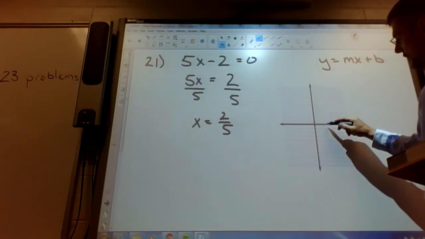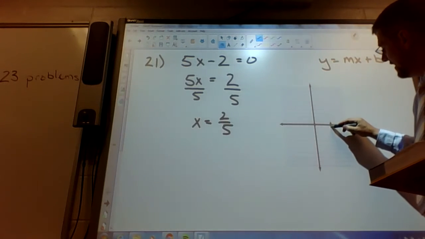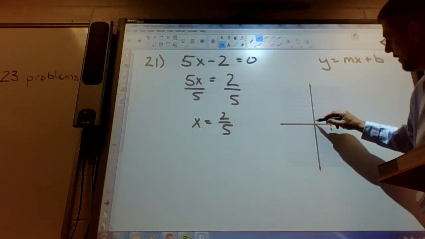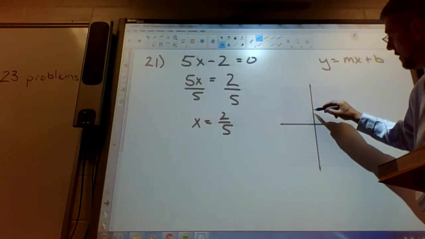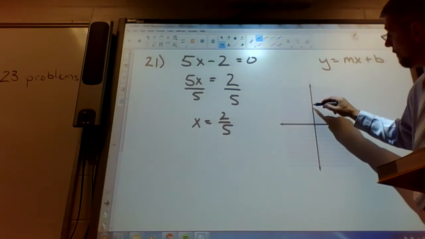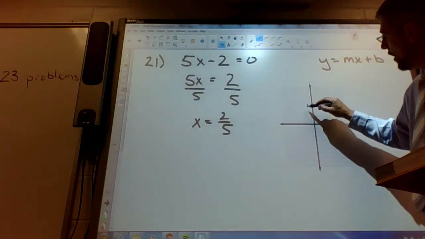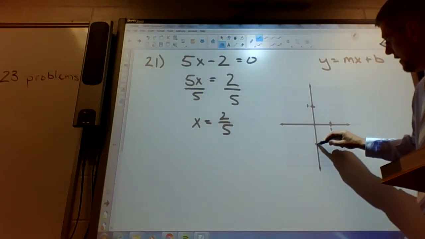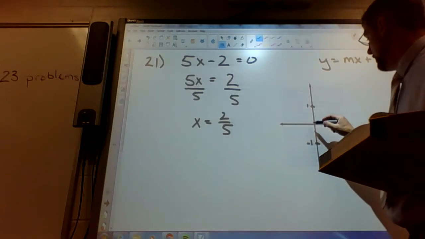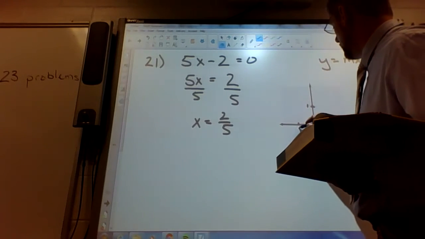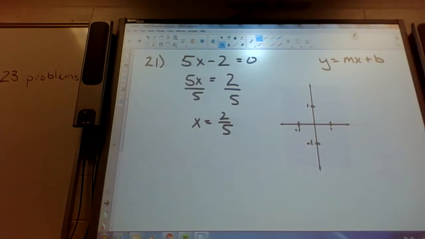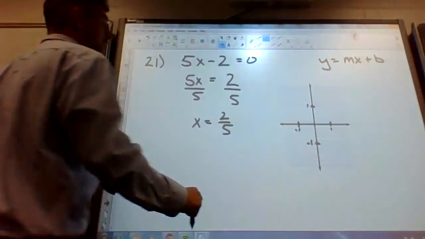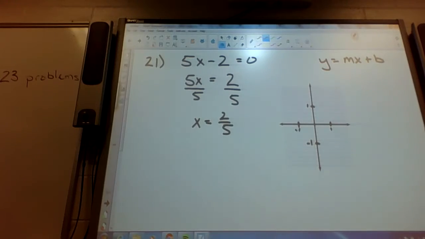So 1/5, 2/5, 3/5, 4/5, 5/5. This is 1, and 1, 2, 3, 4, 5. That's 1. And that makes this -1. And 2, 3, 4, 5. -1, right? All right, so when I say x equals 2 fifths, let's make my line red.